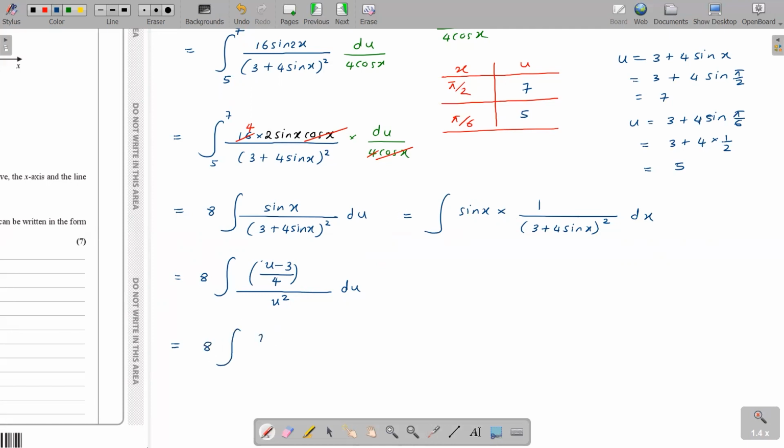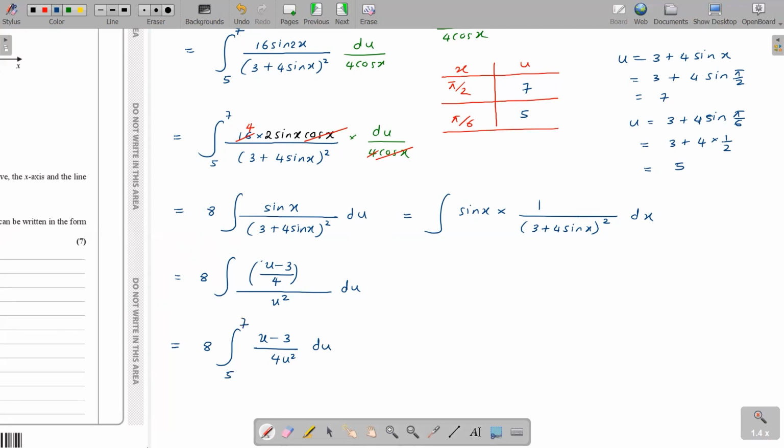Do you get that? This is what we actually have. So shall I write it directly? U minus 3 over 4 u squared du, and your u limits are from 5 to 7.